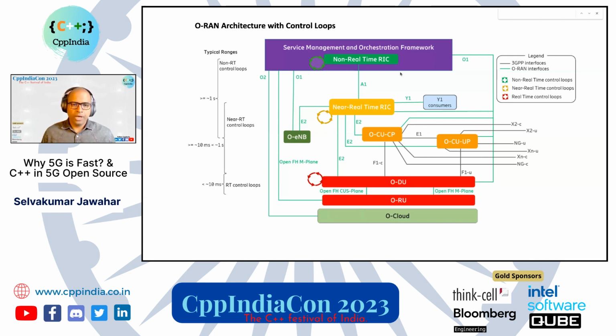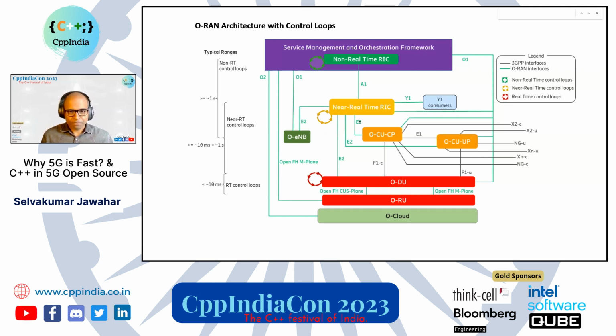Unsurprisingly, the near real-time RIC is the place where there are critical timing constraints. And here comes our C++. The entire ORAN framework on the cloud side and the non-real-time side is mostly written in Go, unfortunately.